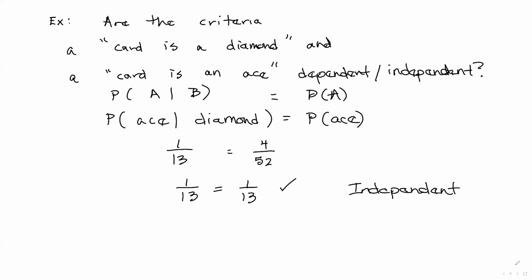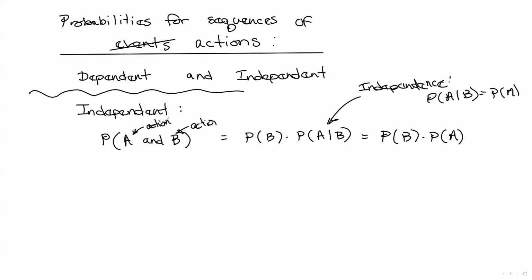So that's for independence. So we're talking about independence first. And for independence, the probability for action A and action B, two different actions that happen in sequence. We'll do examples in a second that will make it clear that these happen in sequence. The probability of those two events happening, we used our formula from earlier, and then we simplified that formula by the fact that the events are independent into just the product of the two events separately.